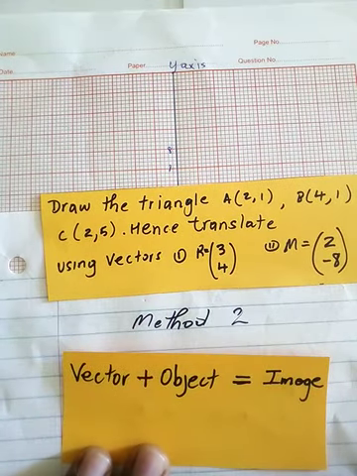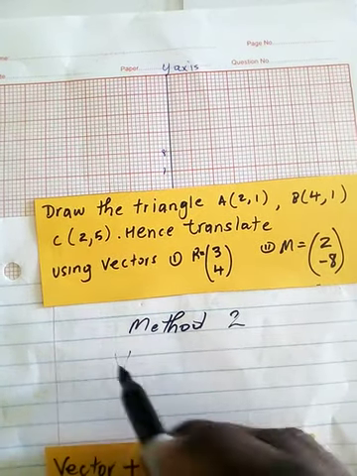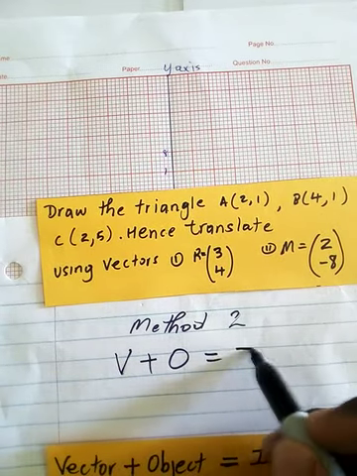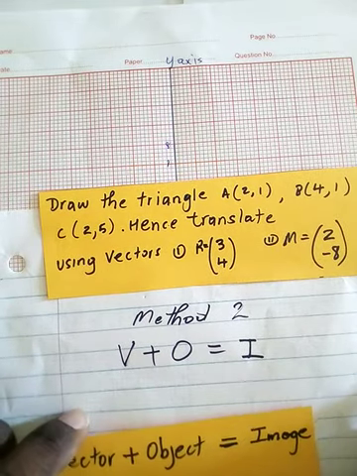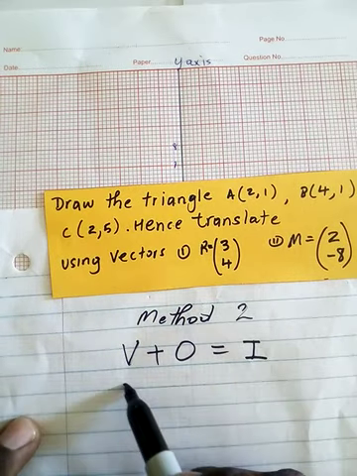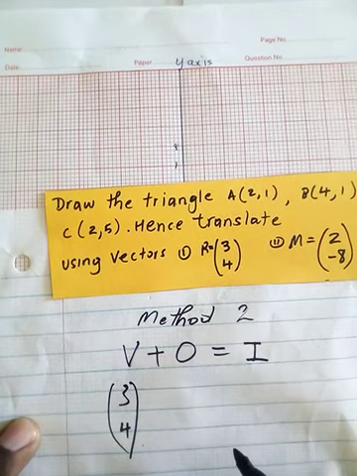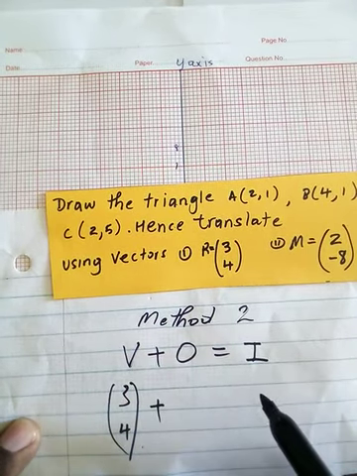The formula is vector plus object equals the image, because we are trying to create the image. So V plus O, vector plus object equals the image. We are doing number 1, so the vector here is (3, 4), put in brackets. Plus, following the formula, the object points.